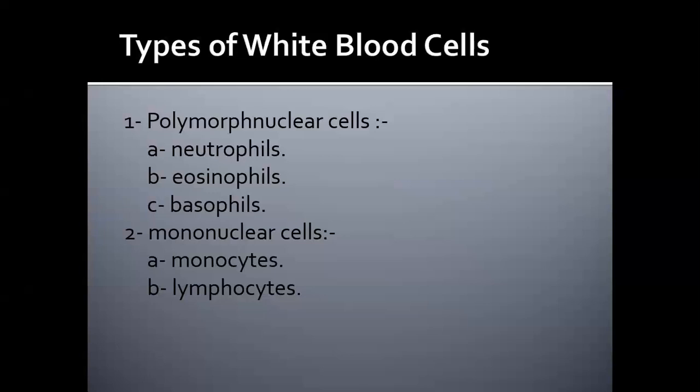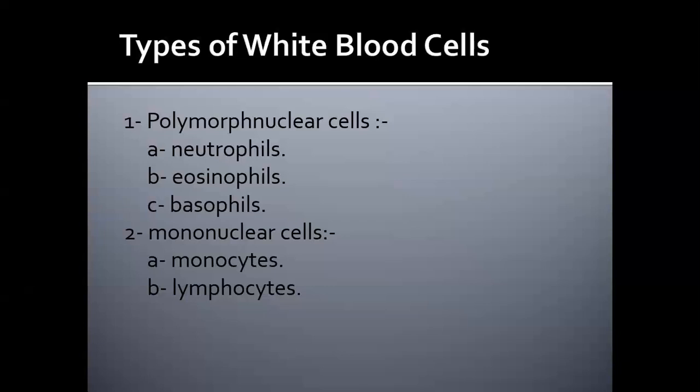We can classify the white blood cells basically into two types. This depends mainly on the shape of the nucleus of the cell. If the nucleus of the cell is multilobed, consisting of more than one lobe, we call it polymorphonuclear cells.